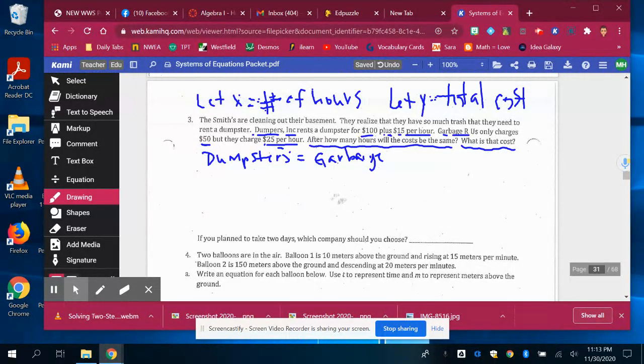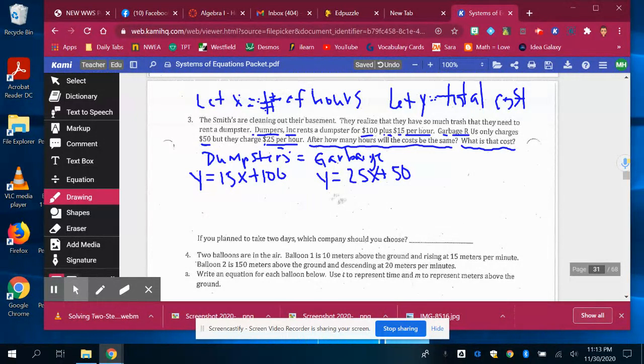All right, so now for dumpsters, I can write an equation. The total cost for the dumpsters is going to be $15 for every hour plus a $100 fee. Garbage R Us is y equals $25 per hour plus a $50 fee, like a one-time fee. Notice I have y equals and y equals.